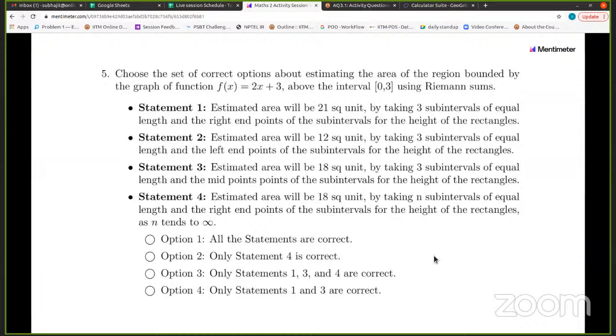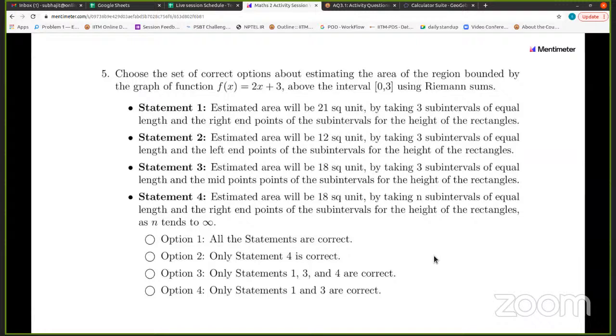In the case of Riemann sum, it is not necessary that we take the subintervals of the same length. We can take any partition of that interval and calculate the estimated area. But our aim is to find the actual area under the curve. The given function gives us some curve, and we want the area under the curve on that interval. So we have to ultimately make this partition as fine as possible.